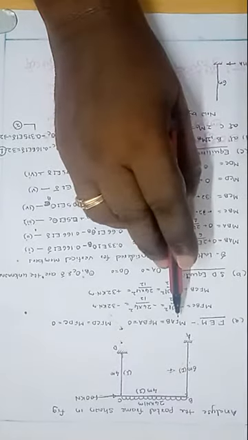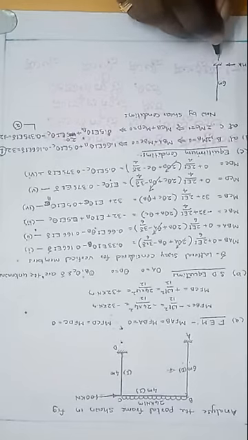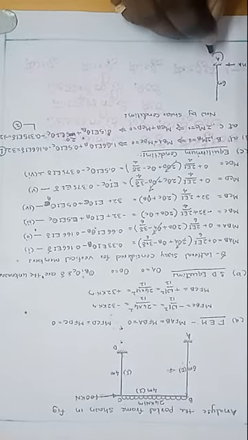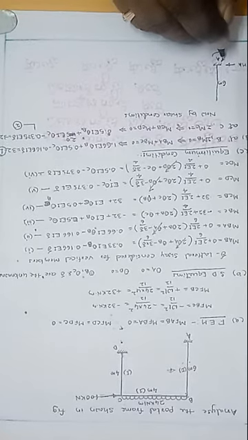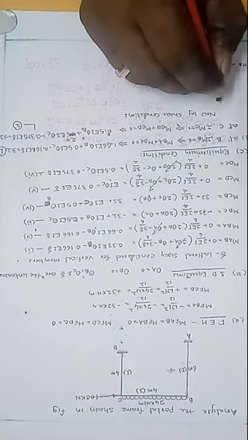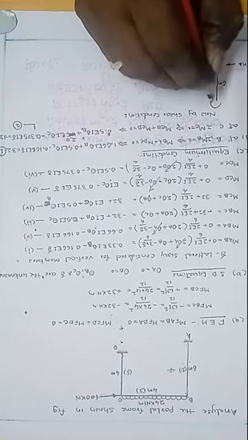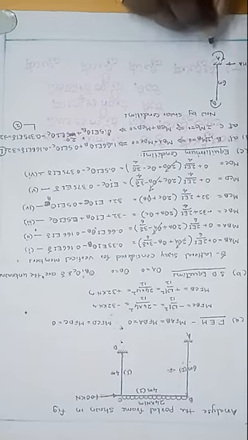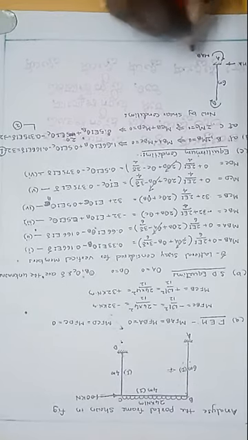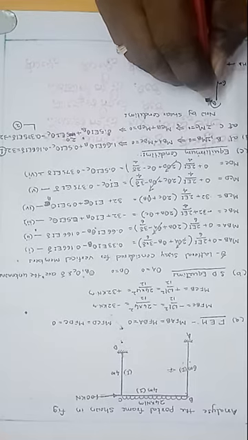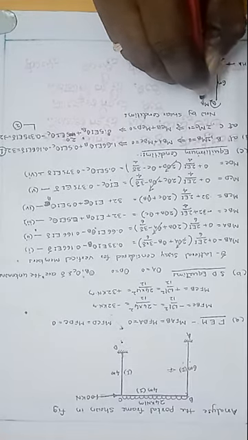Then here this one is A. Here there is a moment. We have to assume this one as in clockwise direction. Similarly, here this one is B. This one is MAB. Similarly, this one is MBA.